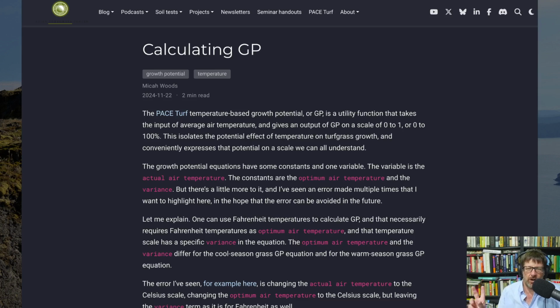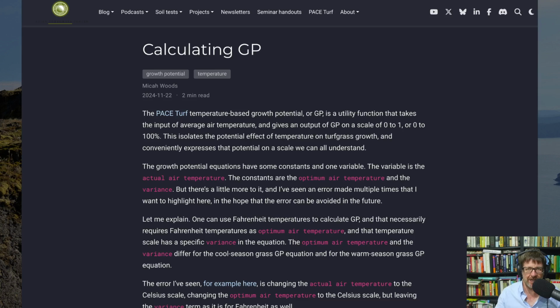So those are a couple of constants. Then those constants vary depending on whether we're using a growth potential equation for cool season grass, which has an optimum air temperature of about 68 degrees Fahrenheit or 20 degrees Celsius, or the growth potential equation for warm season grass, which has an optimum air temperature of about 88 degrees Fahrenheit or 31 degrees Celsius.